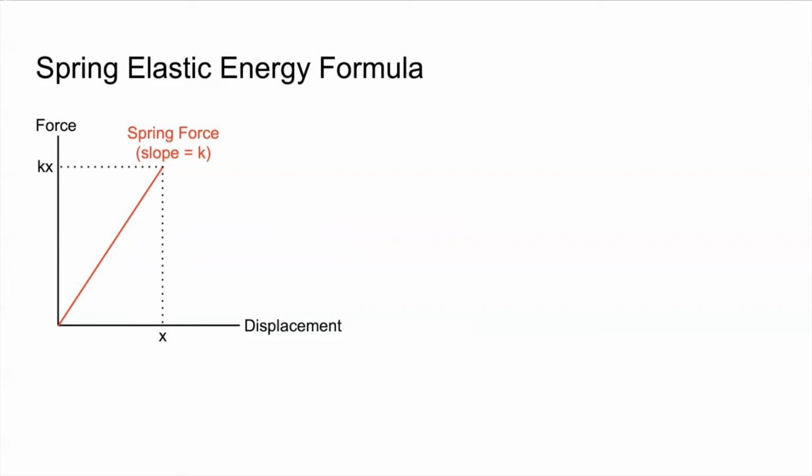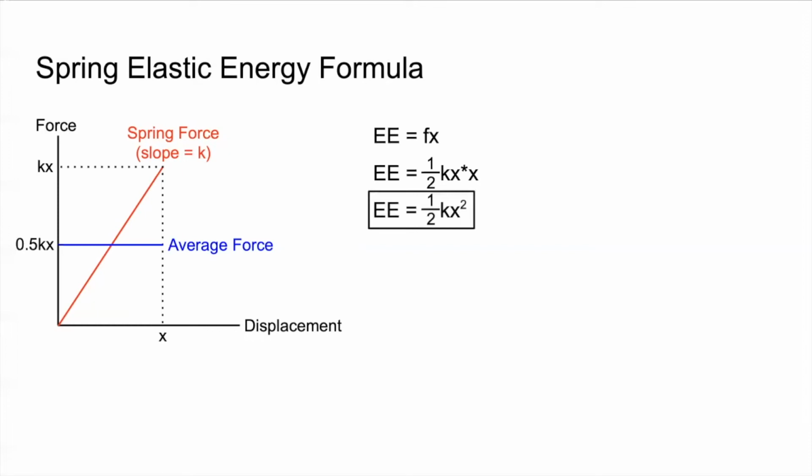In that case, the outside force will need to be the average spring force, which is half of kx. And we know that energy is equal to force times distance. And now the force is 1/2 kx. So now plugging that in, we get that the elastic energy is equal to 1/2 kx squared.